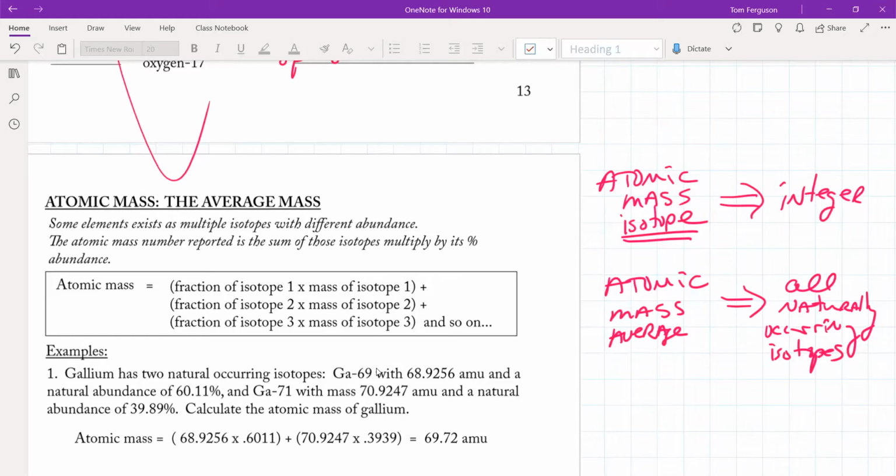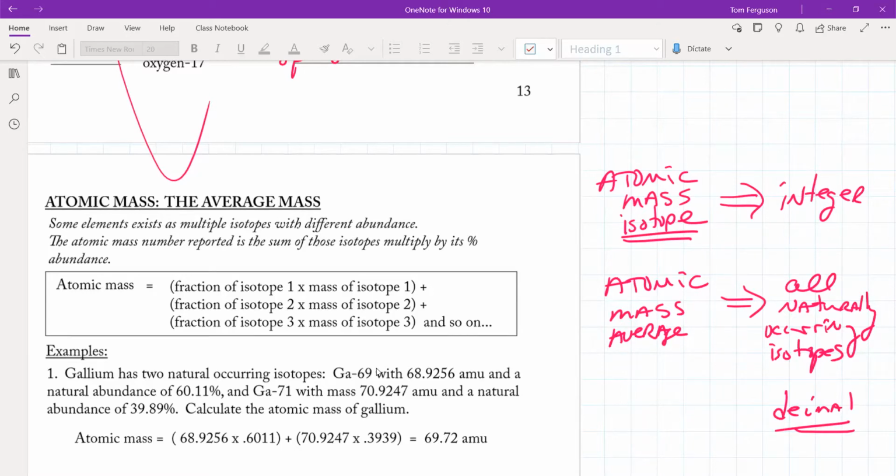Hence, a decimal. Unless there's just one isotope, like with synthetically made elements, there's only one isotope, so that means it's not a decimal.